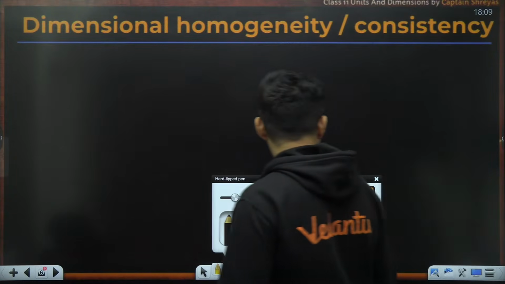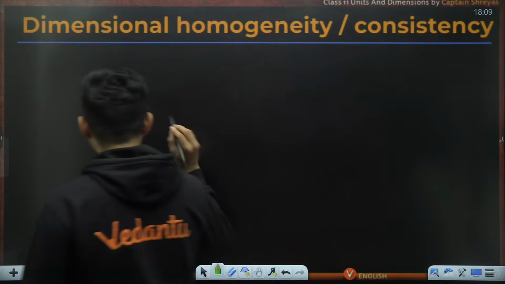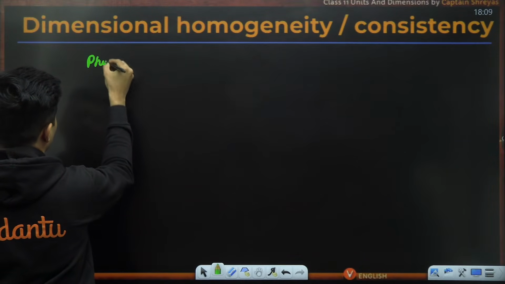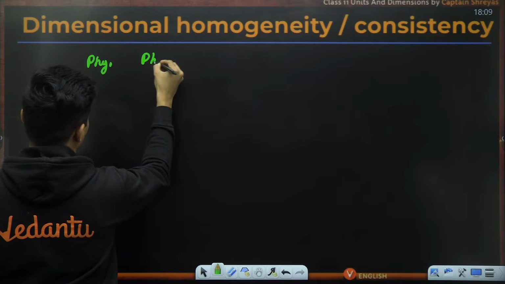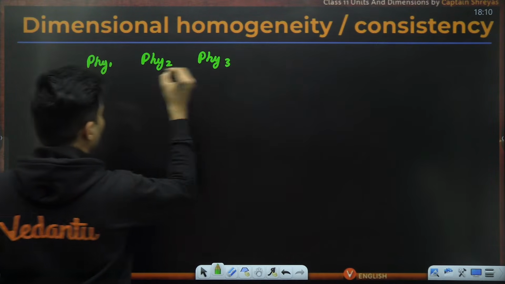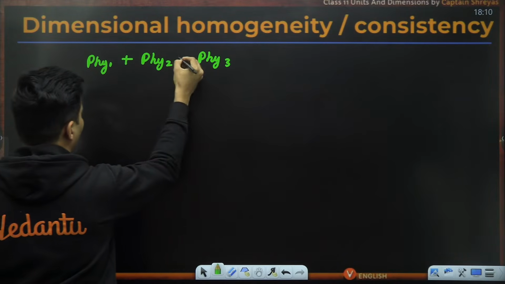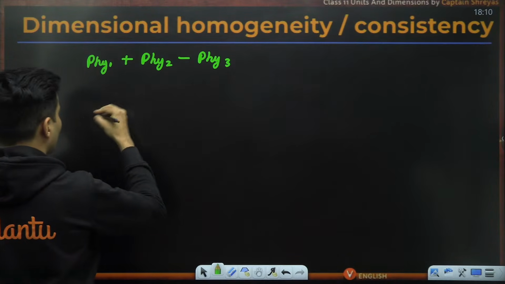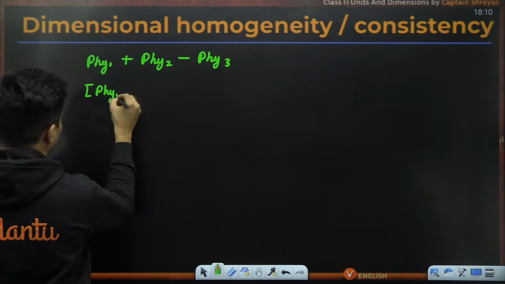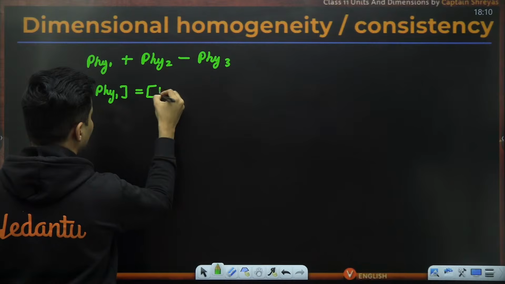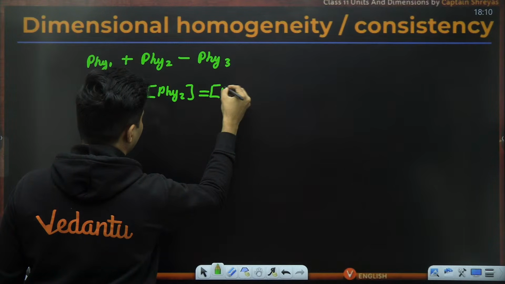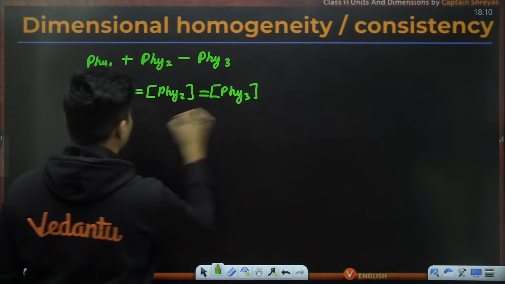First of all, it says that whenever you have physical quantities, let's say some physical quantity 1 and then some physical quantity 2 and let's say some physical quantity 3, then you can add them and subtract them only if the dimensions of physical quantity 1, physical quantity 2, and physical quantity 3 are the same.